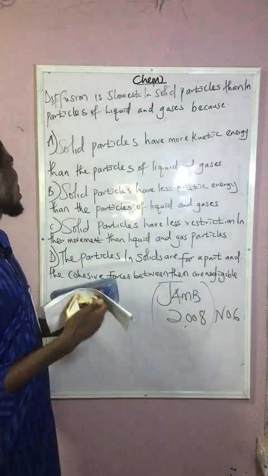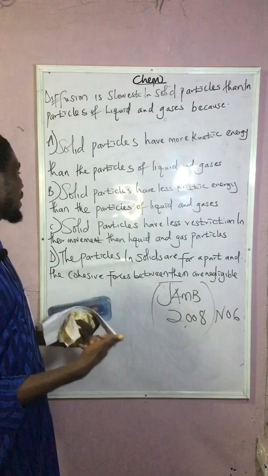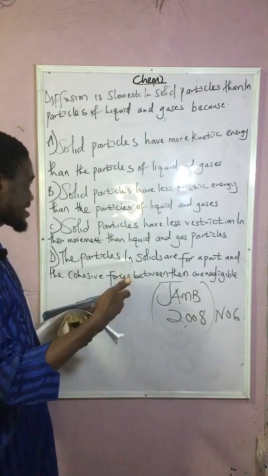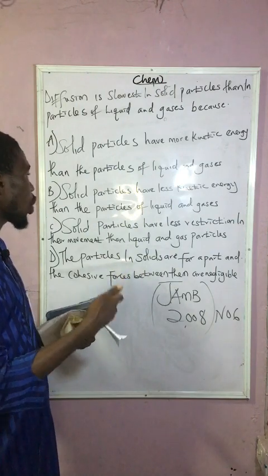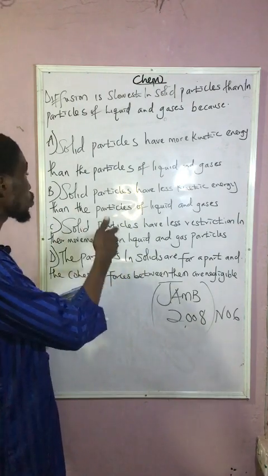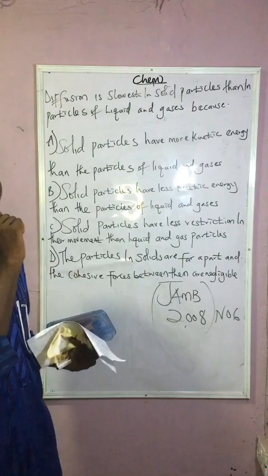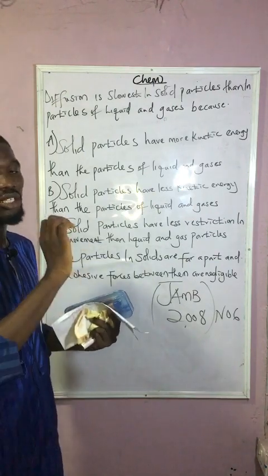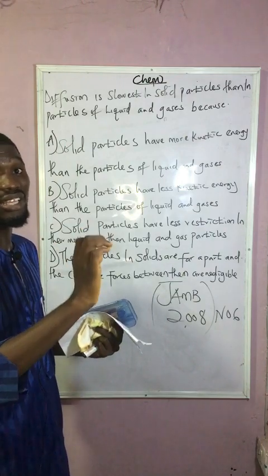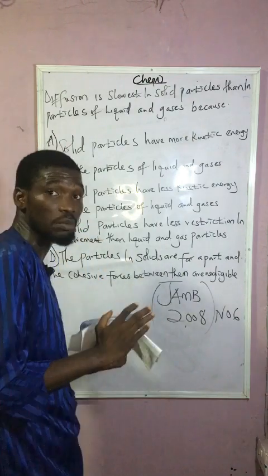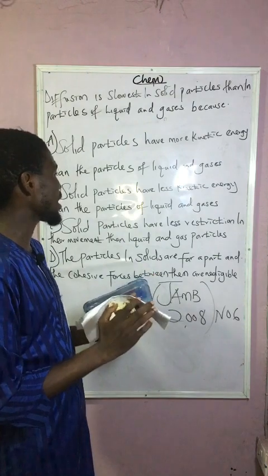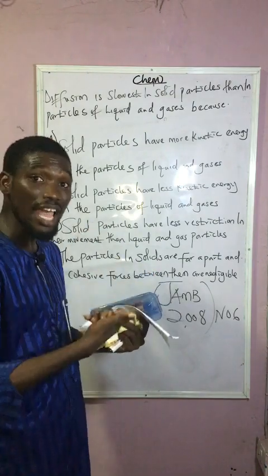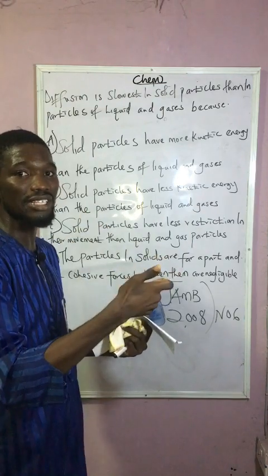So let's see: solid particles have more kinetic energy than particles of liquid and gas? No. Solid particles have less kinetic energy than the particles of liquid and gas. Our answer is B. Liquid and gas can easily be moved, but solid particles cannot be easily moved, which makes them have less kinetic energy.